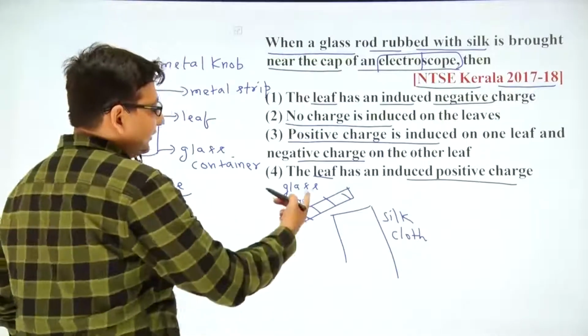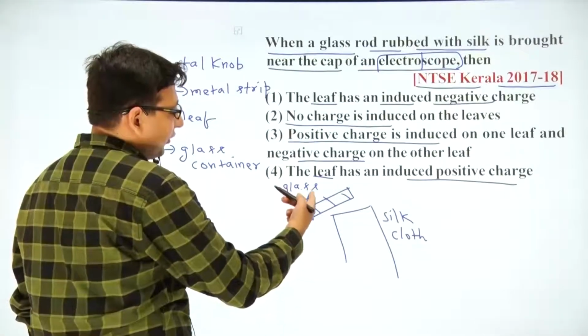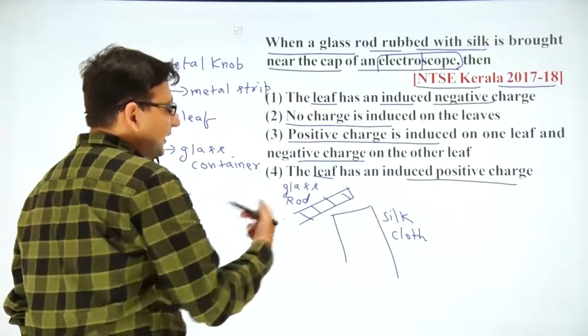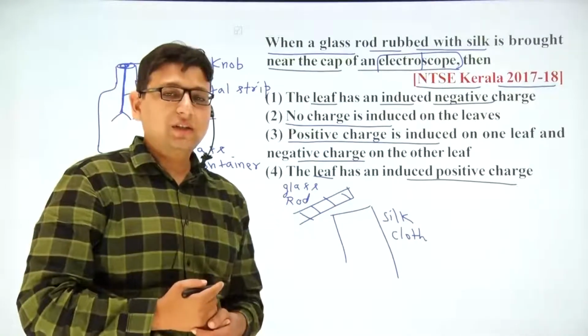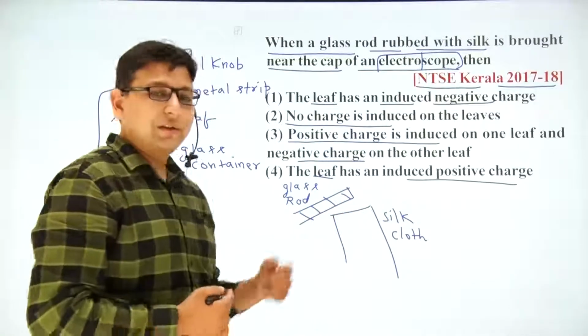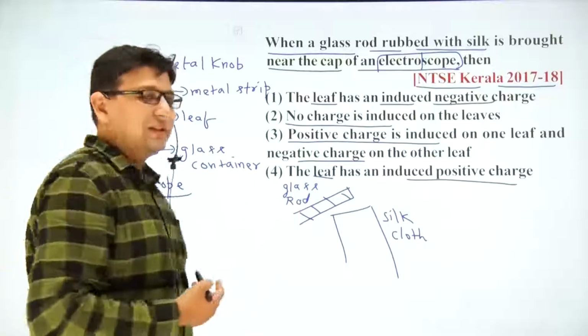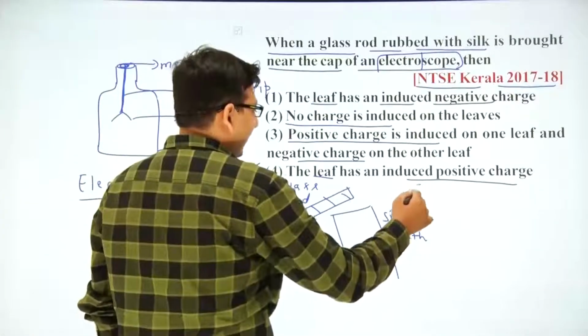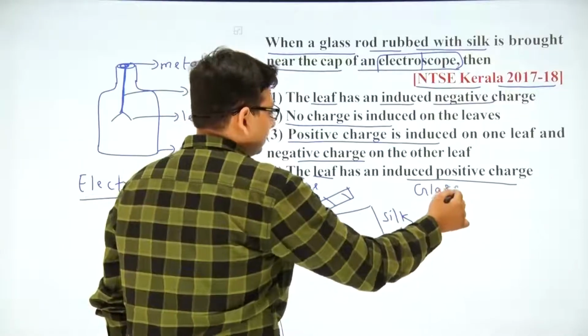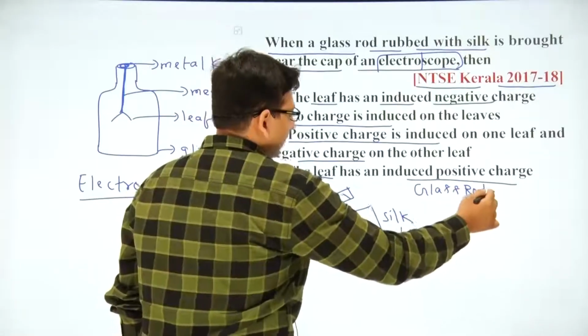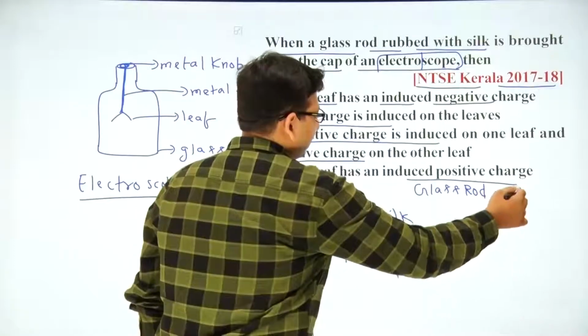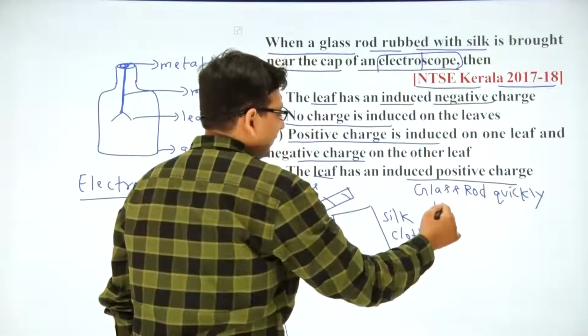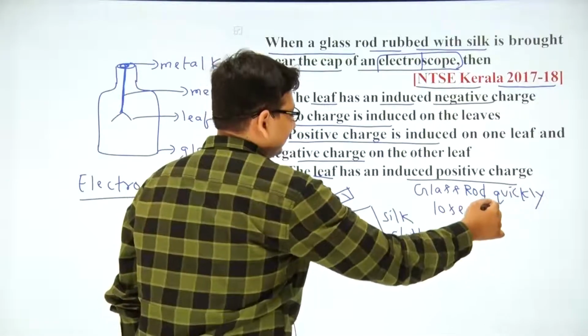Once we rub the rod with the silk cloth, depending on which one is more electronegative, rod or cloth, one of them loses electrons and the other gains electrons. The answer is the glass rod; it quickly loses electrons.